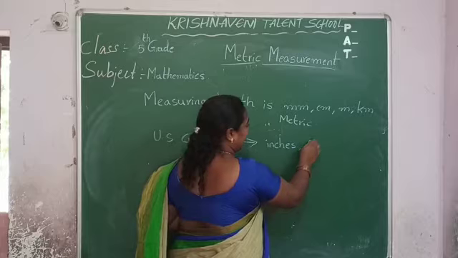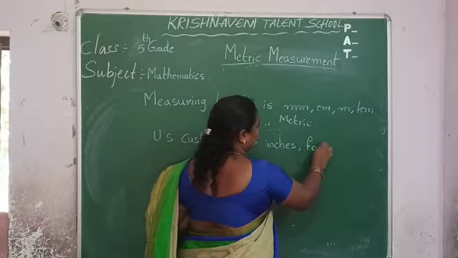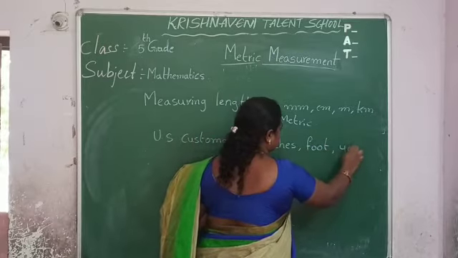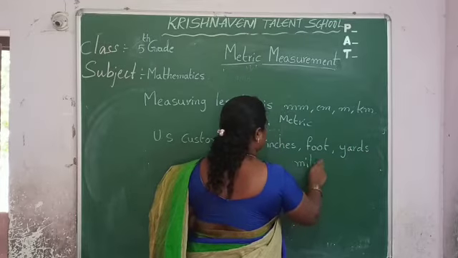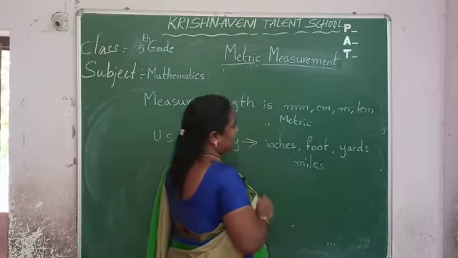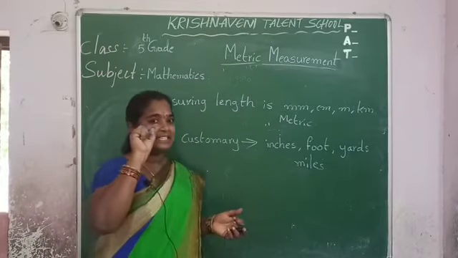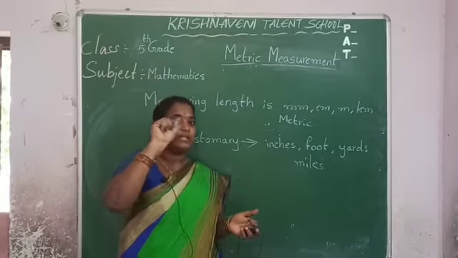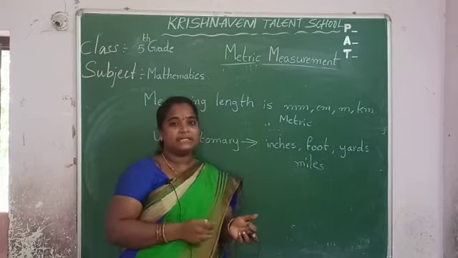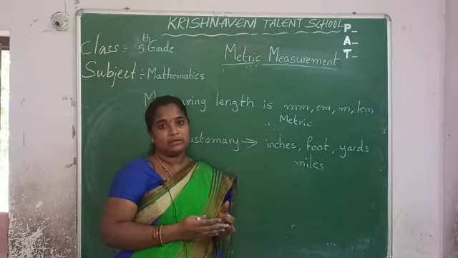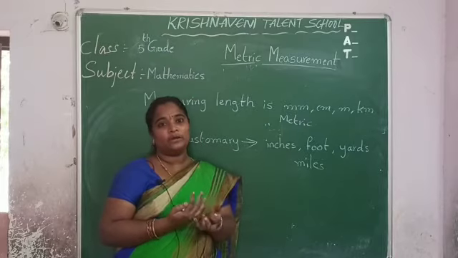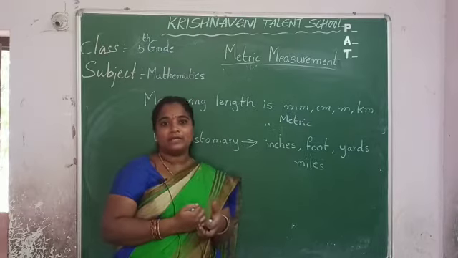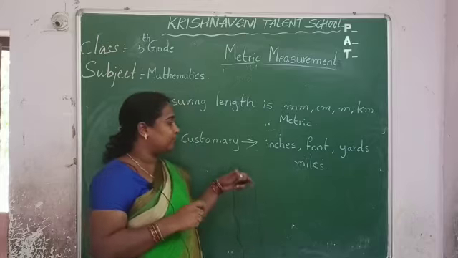Inches, feet, yards, miles. This is called inch. Next, foot. Foot means adugu in Telugu. 1 adugu, 2 adugu, 3 adugu. They are like this, and we call them foot.